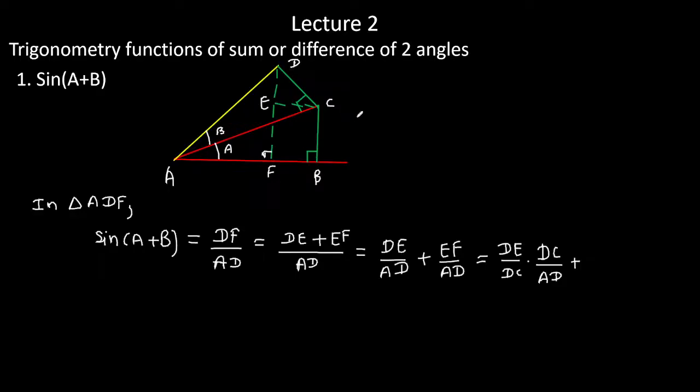EF is equal to CB, so we'll write EF. We divide by AC and multiply by AC, and we have AD already at the bottom.